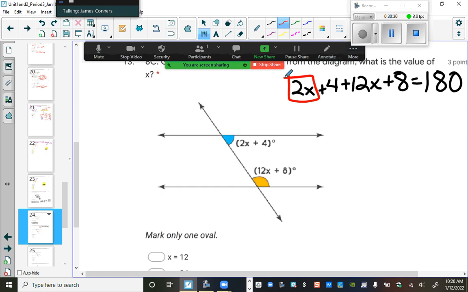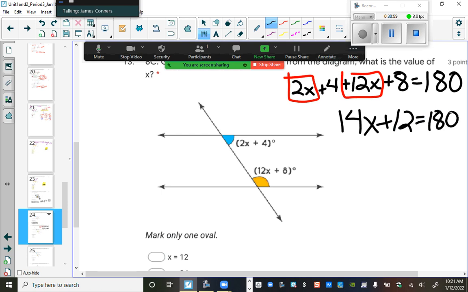Combine like terms. It's just like $12 in one pocket, $2 in another pocket, 14 total dollars. And then 4 cents in one pocket, 8 cents in another. I know not too many of us carry pocket change anymore, but just an idea. And then it adds up to 180. So yeah, you have to combine like terms.